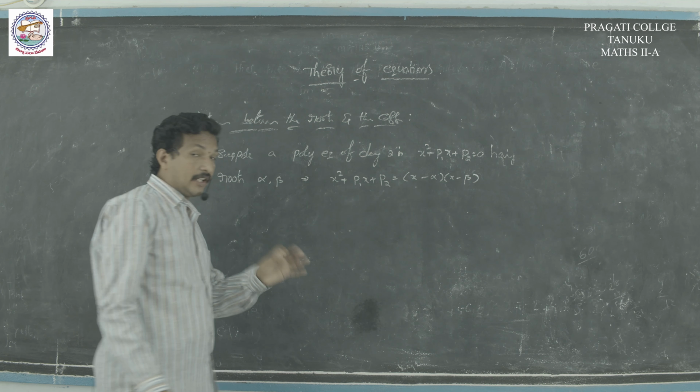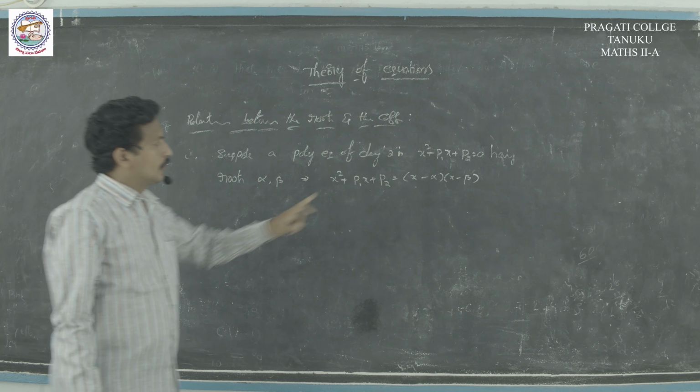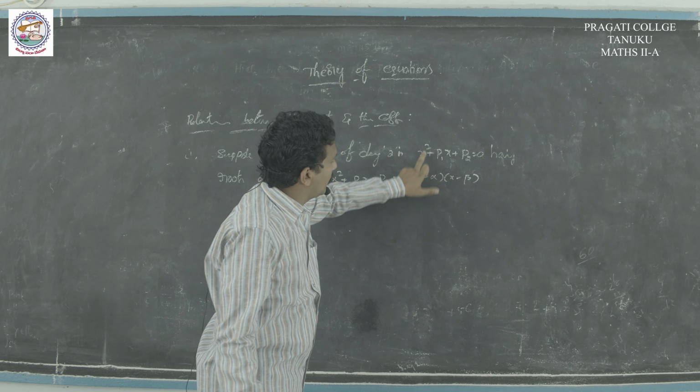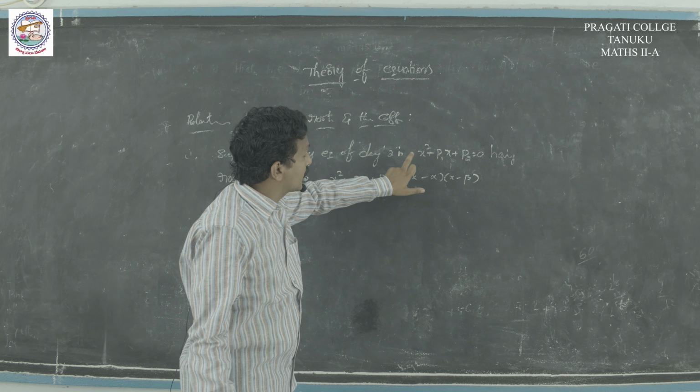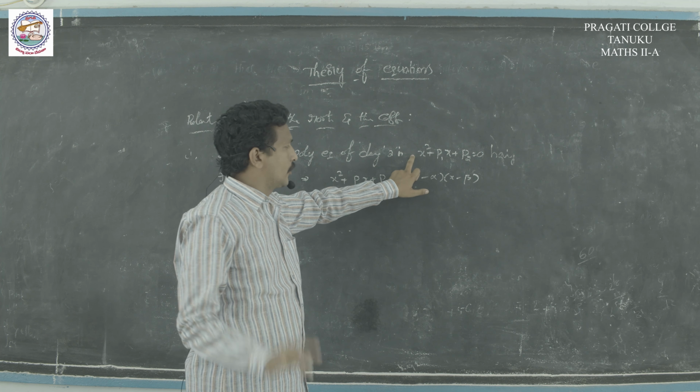Here every equation is a monic equation. So monic equation means the highest power is x square, and the coefficient of x square is 1. So it is a monic equation.